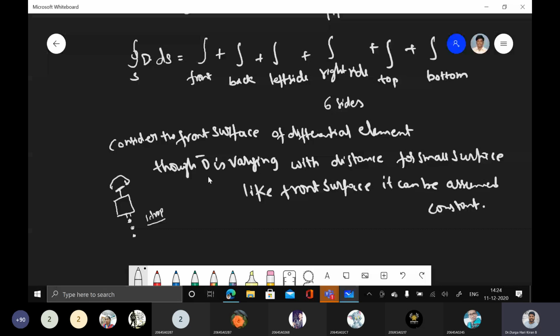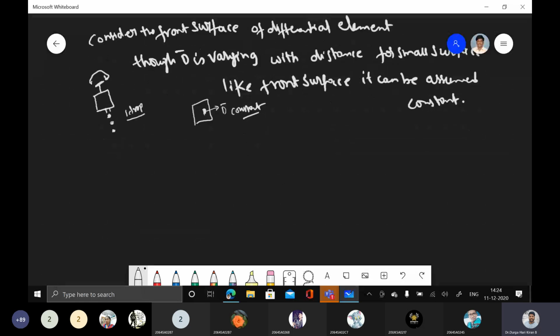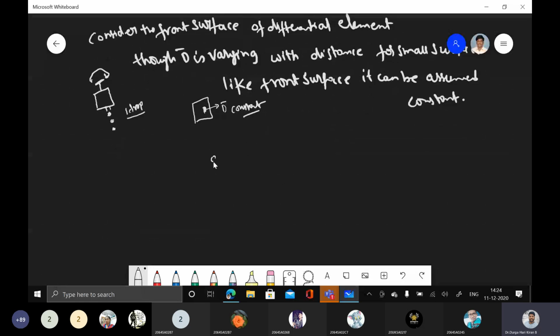So what happens because of this is that the D bar can be considered as a constant. You can consider it as a constant: the D bar present for this particular small piece is constant. So what we can write is dS bar, the surface.